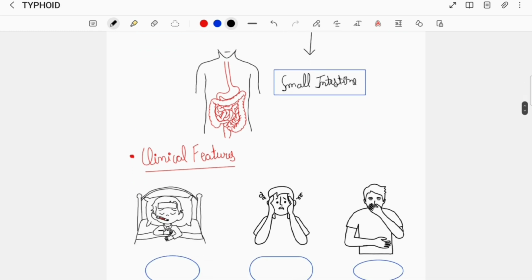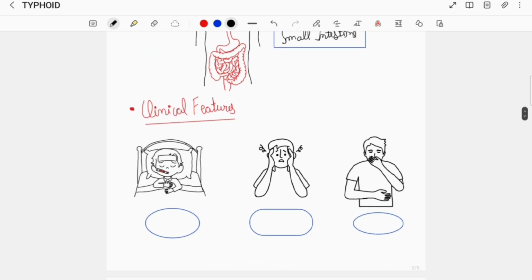The next question which arises is what symptoms can an individual suffer from once this microorganism enters the body? The individual will suffer from fever which will have a specific step-ladder pattern.